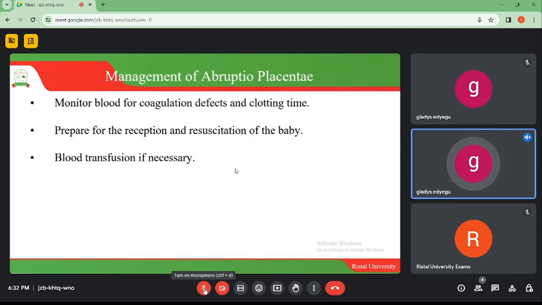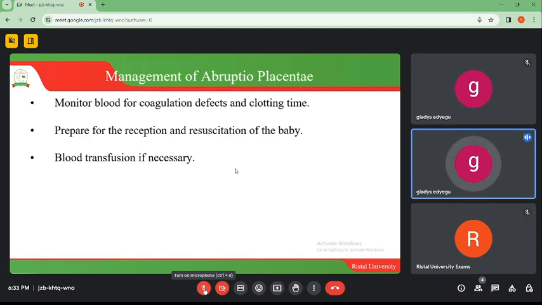It can also help you choose the different types of drugs that you're going to use to improve the clotting and reduce the blood loss. So it's very important for you to monitor the blood for coagulation defects and clotting time, and that's why we talked about also the CBC, so that we can know the platelet levels and plan for the proper intervention.